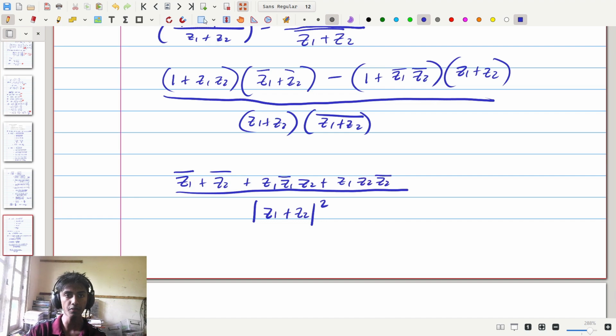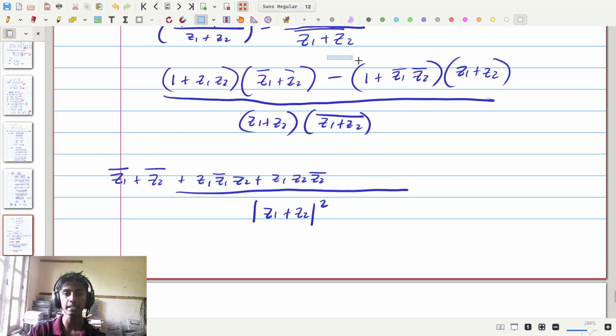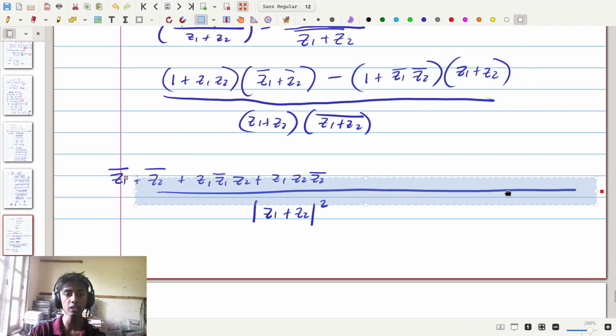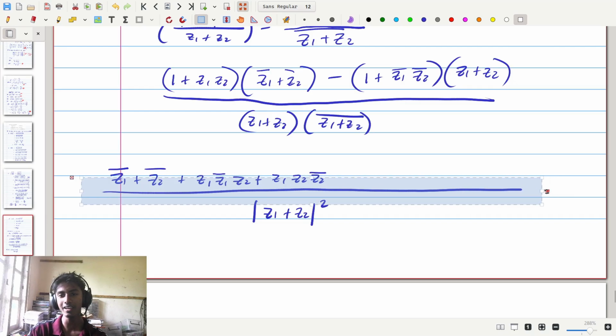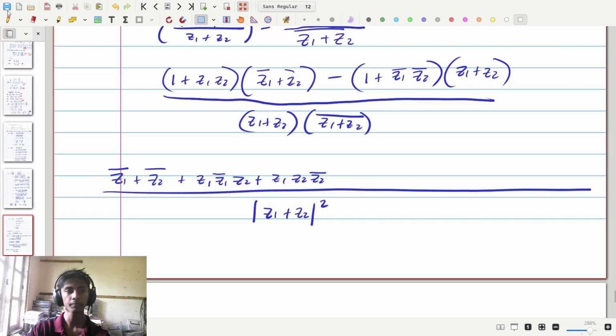Now in addition to that, we also have all of the terms that are coming from the other part on the right hand side. To consider that, I'm going to make this bar, this vinculum, longer, in order to have enough space to accommodate all of the terms. So the next term we have here is minus 1 times z1 plus z2, which is equal to minus z1 minus z2.